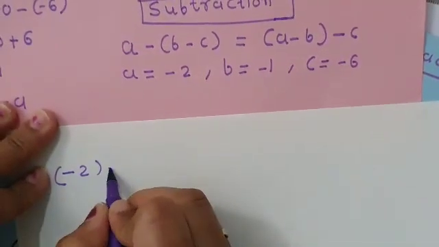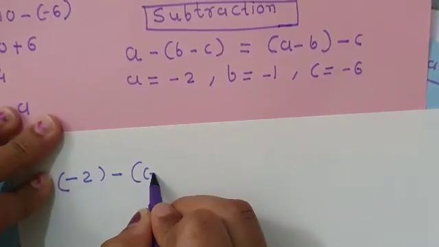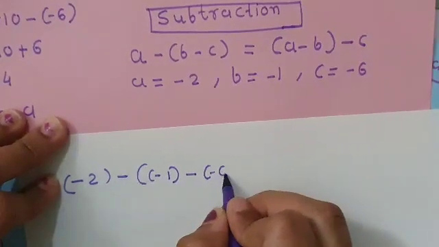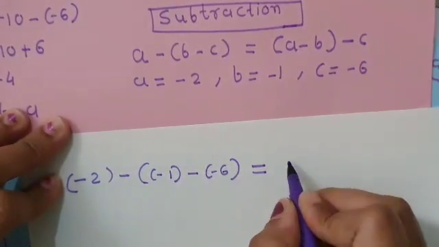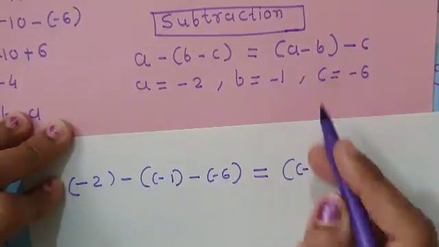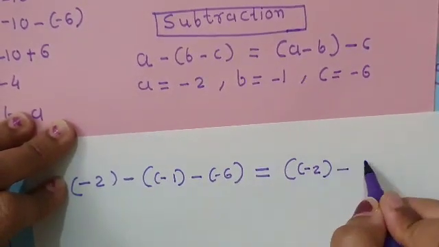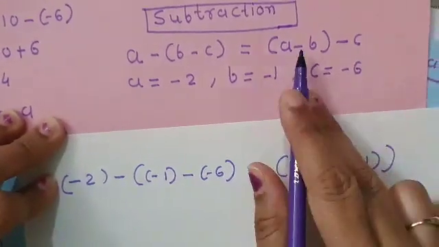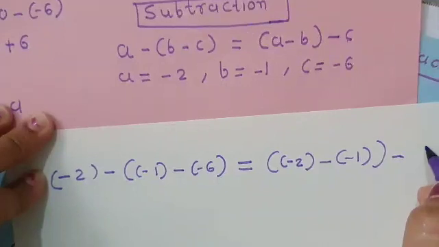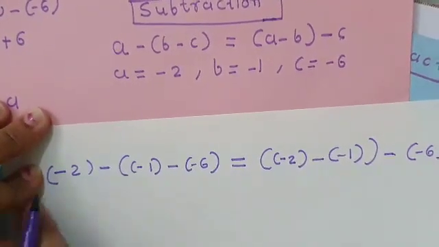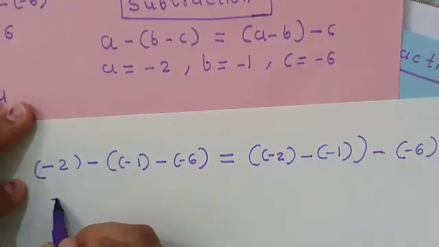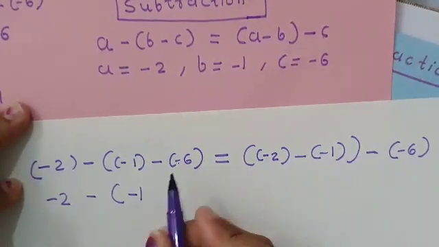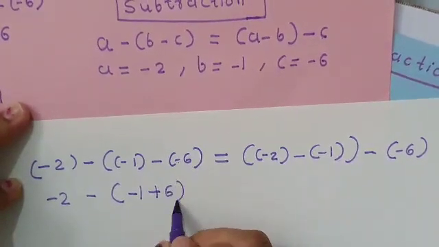Now let's put the values. Minus 2 minus (minus 1 minus minus 6) is equal to (minus 2 minus minus 1) minus minus 6. Now let's simplify them. Minus 1, minus minus will be plus, so plus 6.